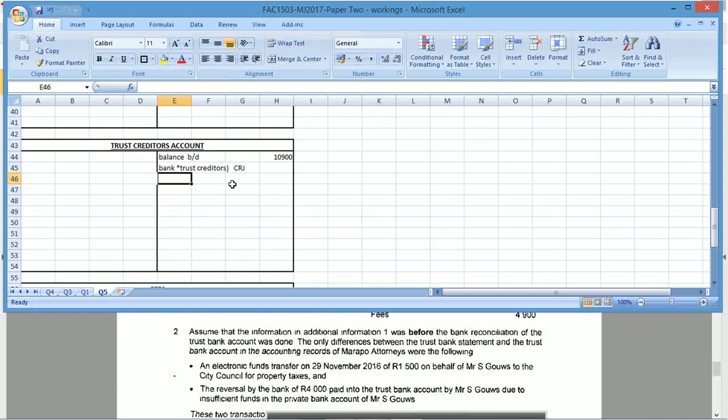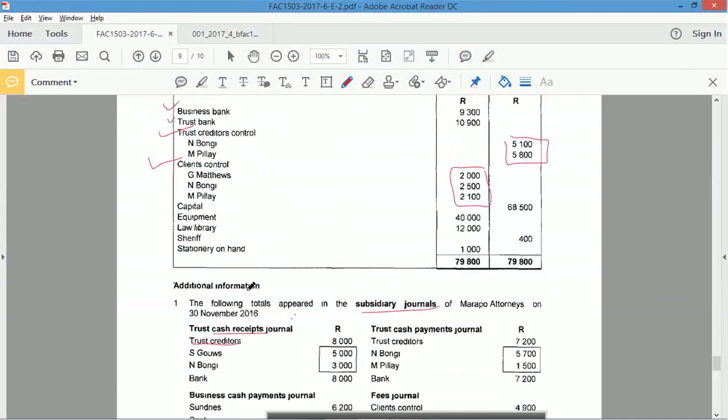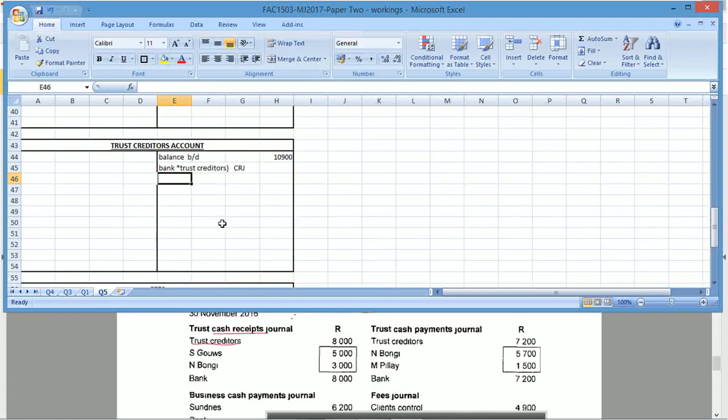R, not J. Okay. So the trust creditors means we are receiving more money from them. We're going to owe them more. Does that make sense? Okay, the amount 8,000. There's your cash receipts.